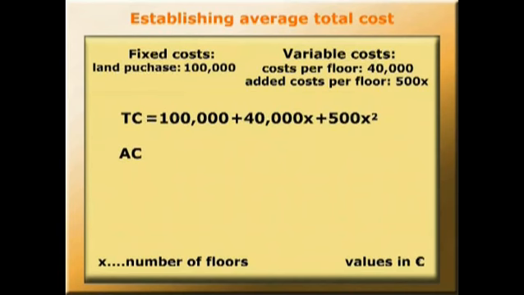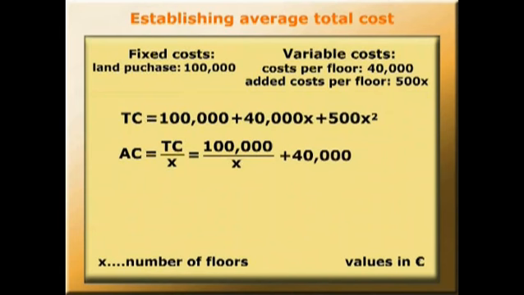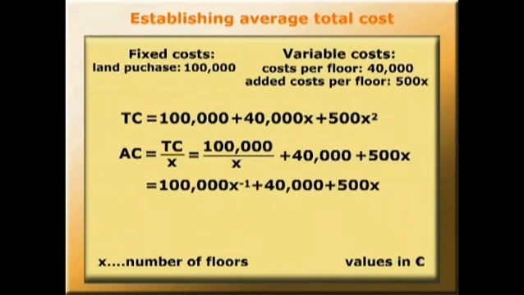So average costs are simply the total costs divided by the number of floors, divided by x, which gives us 100,000 over x plus 40,000 plus 500x. Or more usefully, 100,000x to the minus 1 plus 40,000 plus 500x.